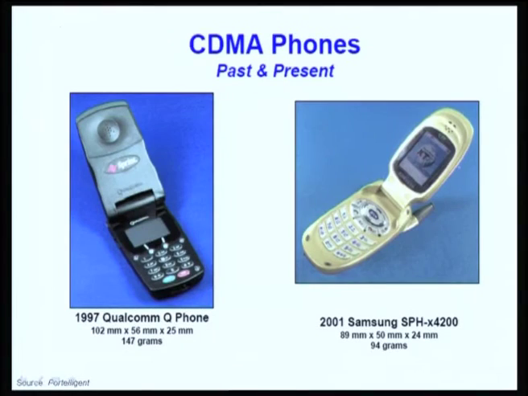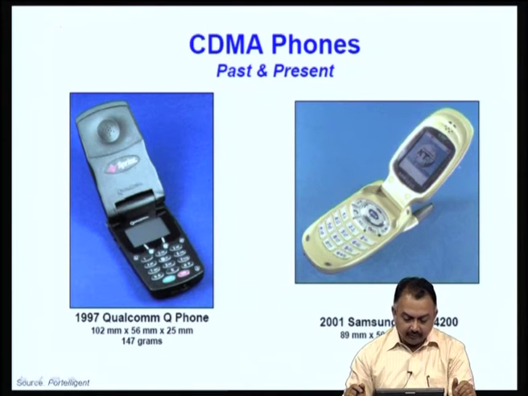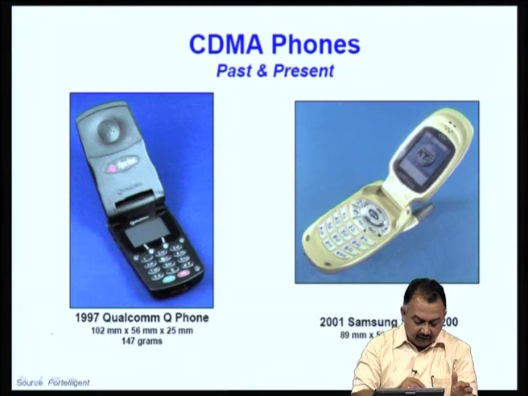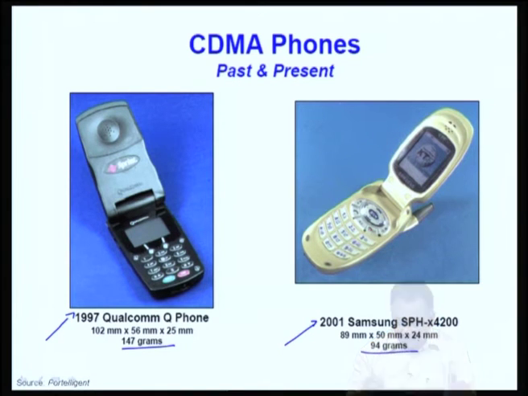So, if you look at this, there is no specific reference to any company here. This is a simple example that is sourced from Portelligent. What it basically tries to show is the evolution of mobile phones from 1997 to 2001, when the concept of reducing weight came up in a big way.